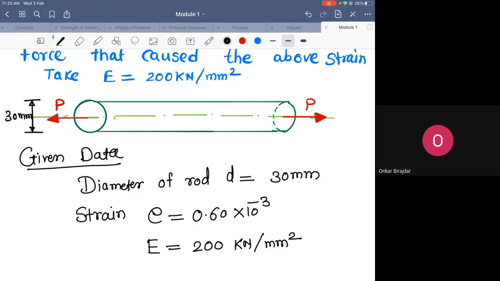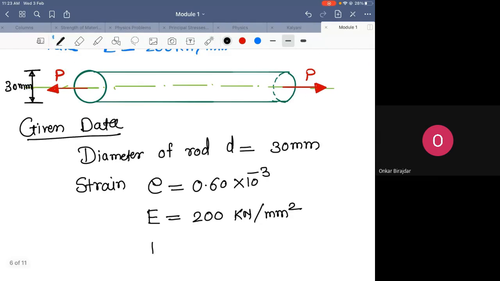I can keep this in kilonewton or I can convert this in Newton. It is better to convert in Newton. 200 into 10 to the power 3 Newton per mm square. So these are the three given things: D, small e and capital E.